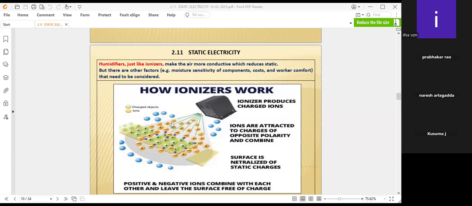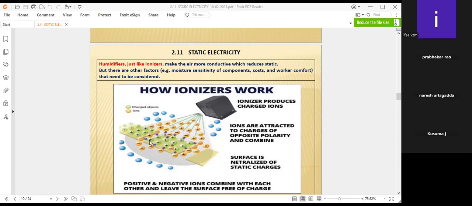When positive and negative combine, definitely positive and negative will be attracted, and like charges repel. After the attraction and the repulsion are done, after some time it will become neutralized. This is called the air medium, where static electricity is there and the air moisture is more.